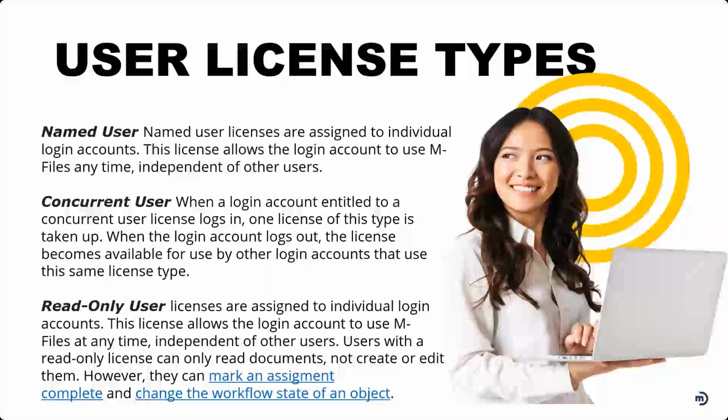A concurrent user is an individual that would share a license with another user at your organization. So when they're inside of mFiles, they would have to be authenticated. When they log in, they put in their username and password, and they take up that concurrent license. When they're done, they have to log out to free up that license for somebody else to use.